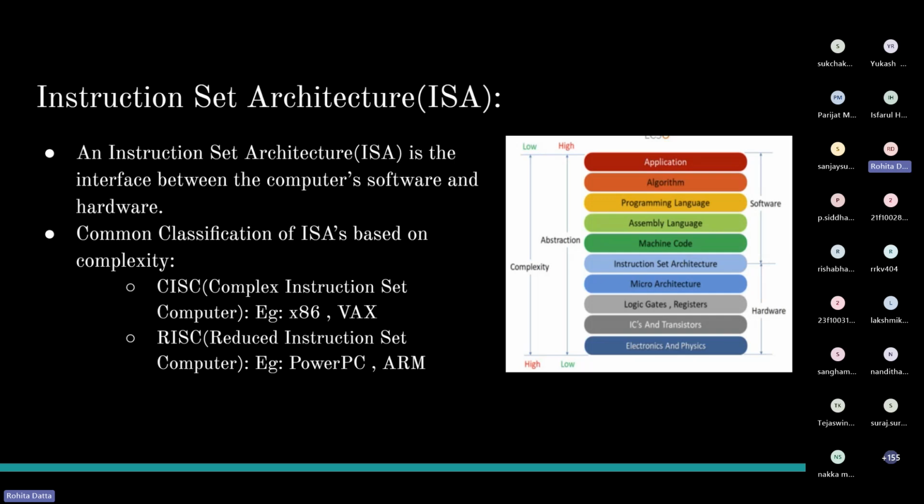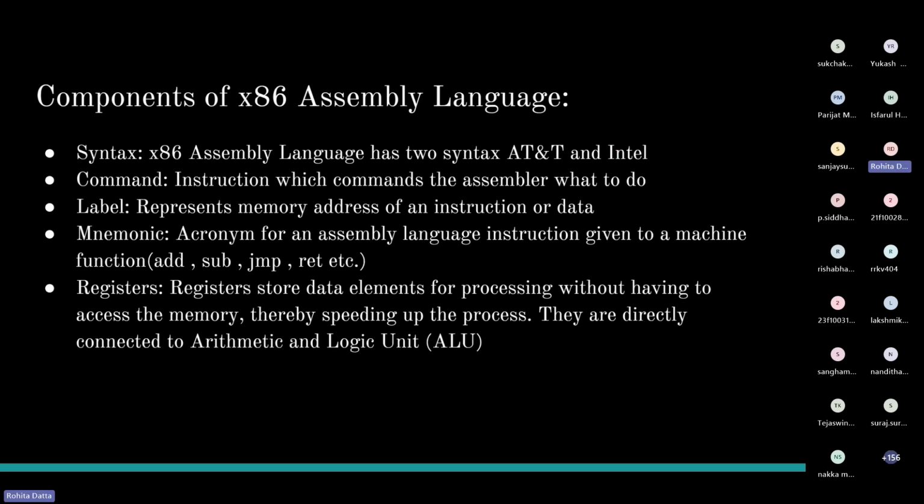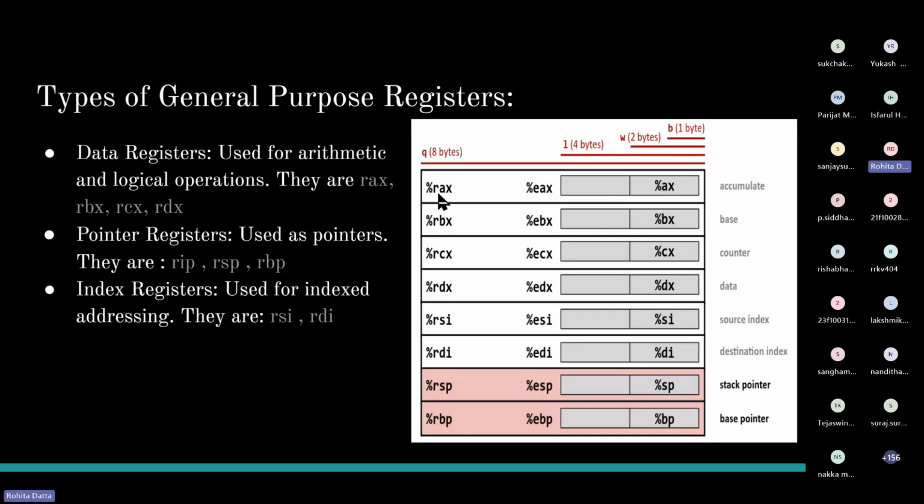What that means is some of the software that was made for x86 computers will still run on 64-bit computers. But instead of using the entire RAX register, you will just use the lower 32 bits of it, analogous to EAX, basically.